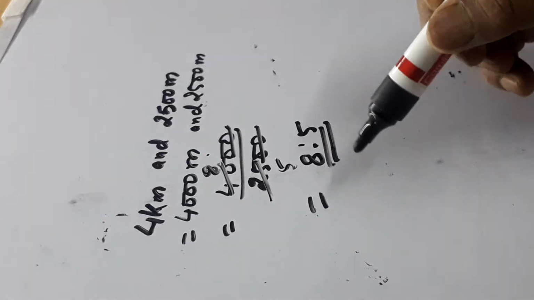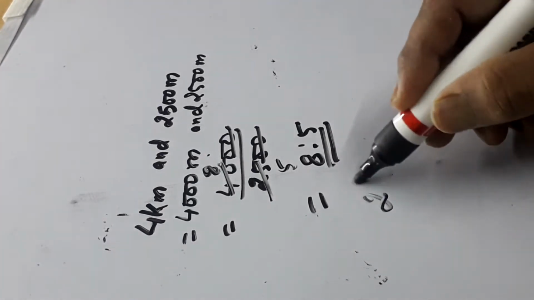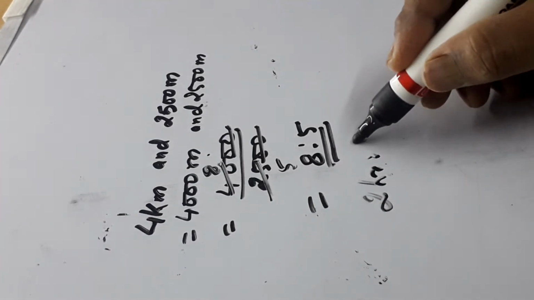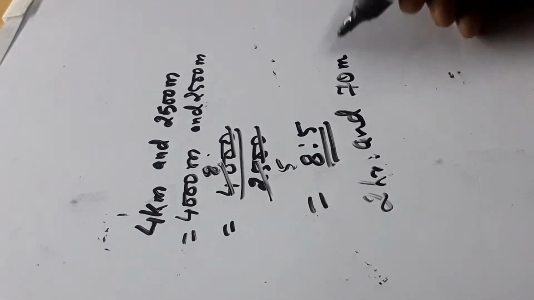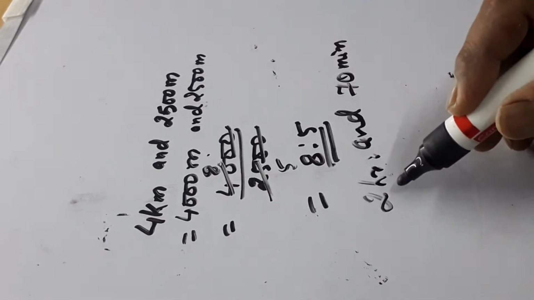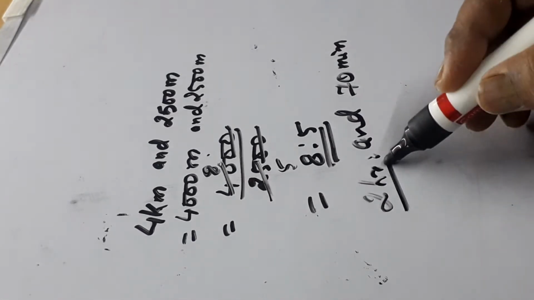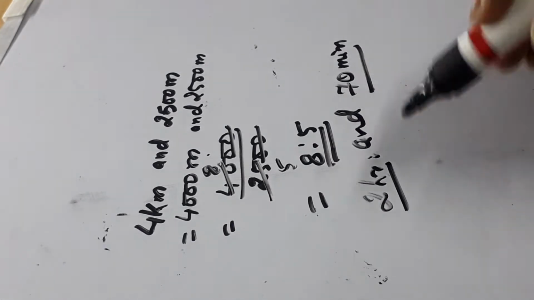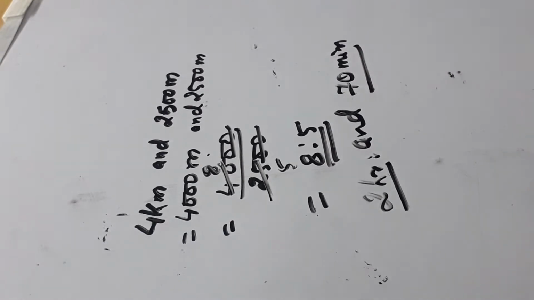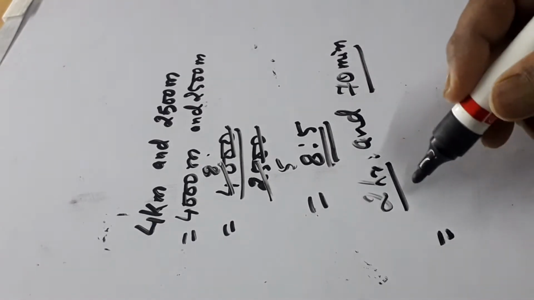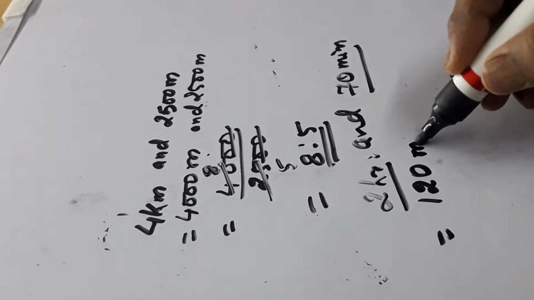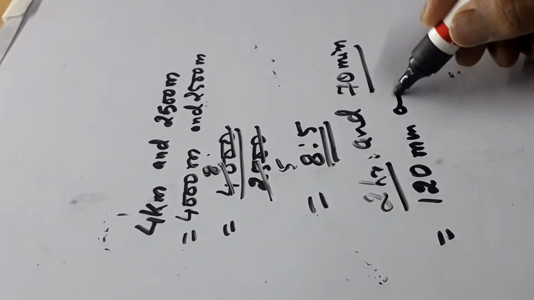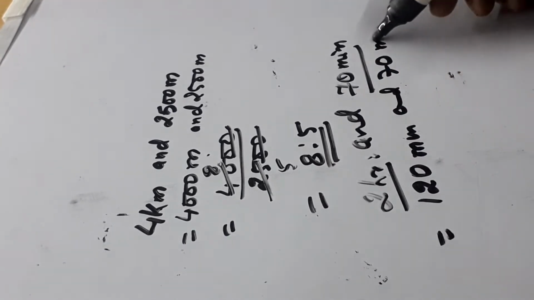Suppose we have to find the ratio between 2 hours and 70 minutes. Here we will have to convert them into the same unit. Either we convert both into minutes or into hours, then we will find the ratio. Here 2 hours will be equal to 2 into 60, 120 minutes, and this is already in minutes.